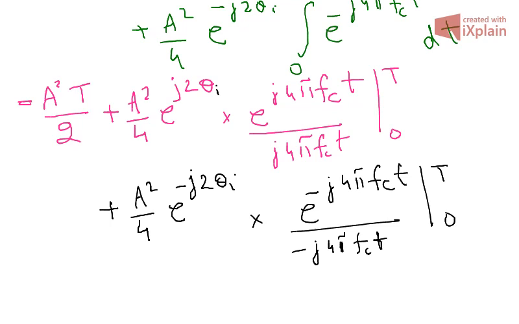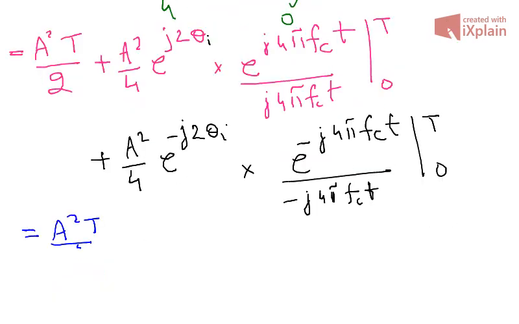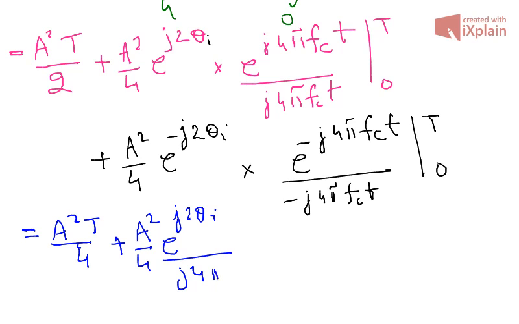From the first term we have A squared T over 4, plus A squared over 4 e raised to the power j2θ_i, and in the denominator we have j4πf_c as well. And let me apply this limit.